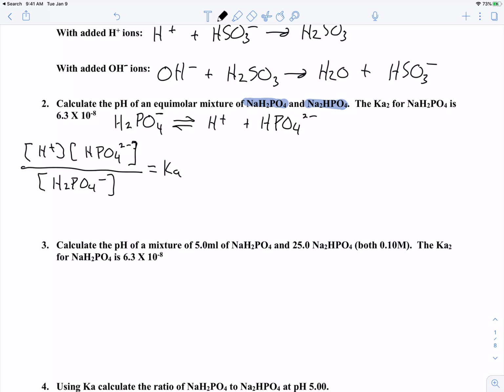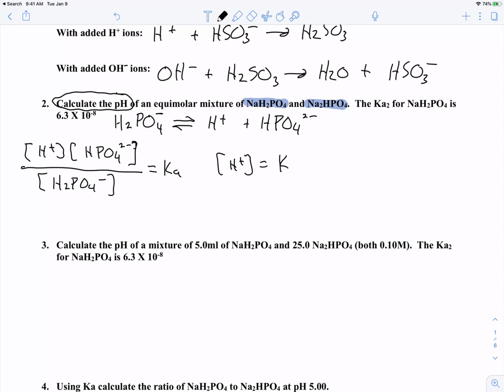If we rearrange this, because what we're asked to do here is to calculate the pH of a solution in which we have equal amounts of dihydrogen phosphate and monohydrogen phosphate, we're going to rearrange the Ka expression and solve simply for the hydrogen ions, which you know, of course, are analogous to hydronium. We're just not showing the water for simplification.